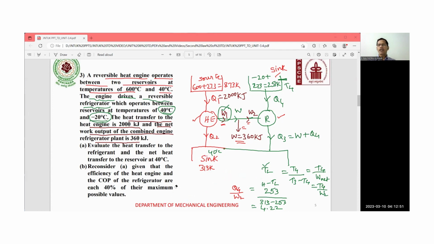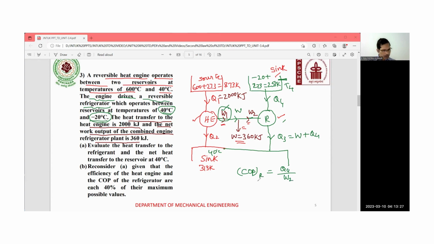Because keeping the diagrammatic sketch is very important, you can easily solve the numerical problems. Once this COP is here, you come to this portion. The COP of a refrigerator is equal to Q4 divided by W2.